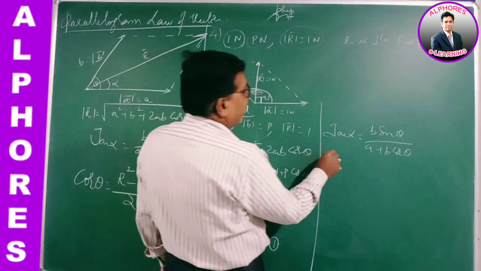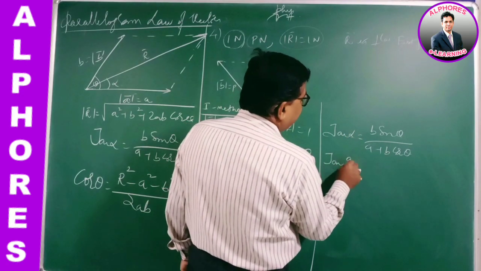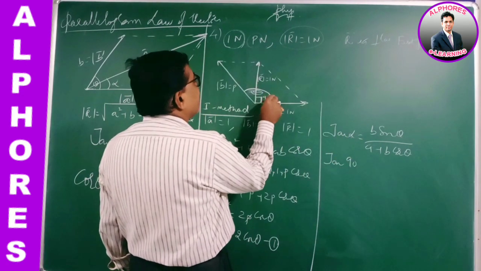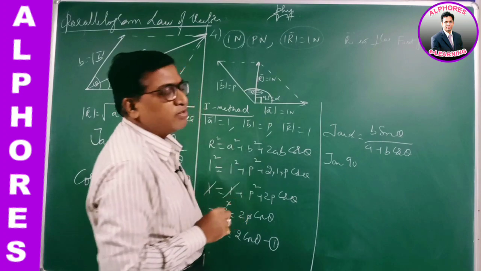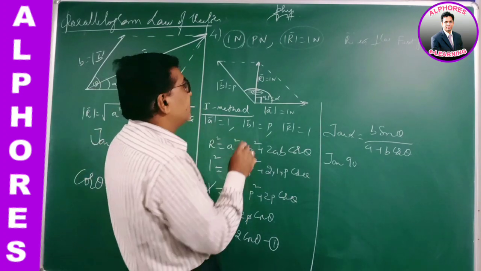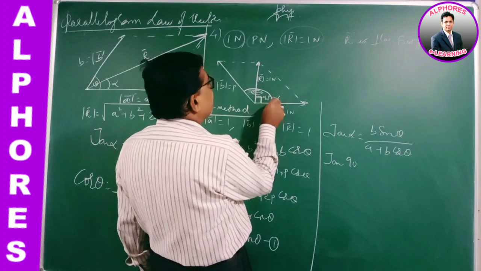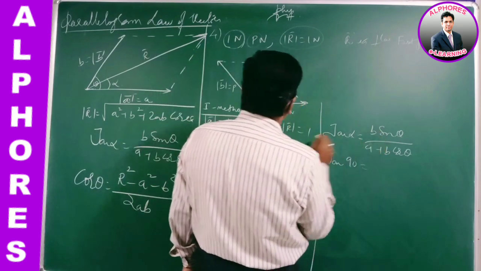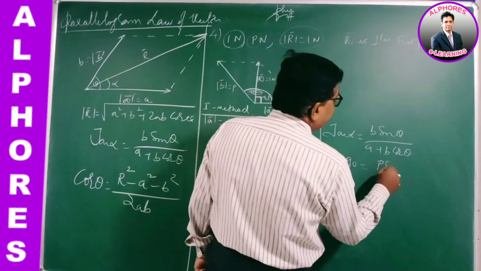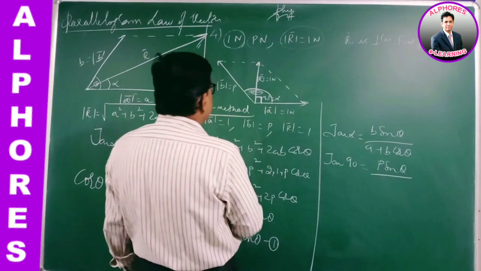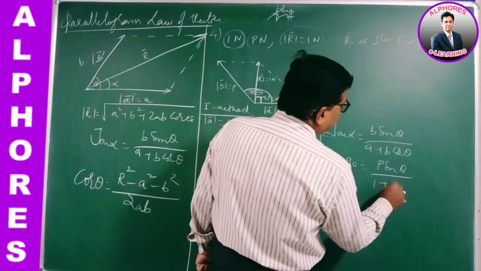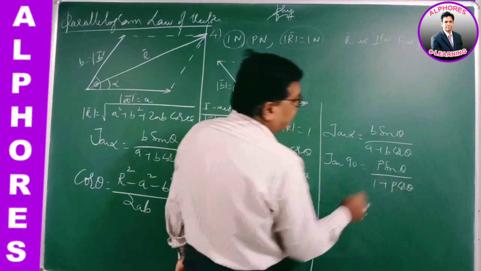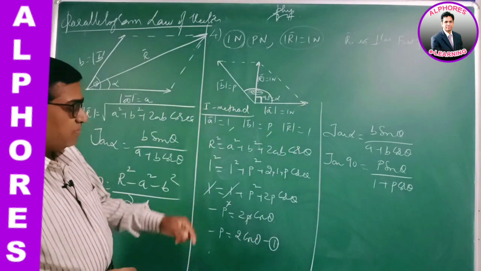Now given alpha is 90, the resultant is perpendicular to the first vector. So tan 90 is P sin theta by A plus B cos theta, which is P sin theta by 1 plus P cos theta.